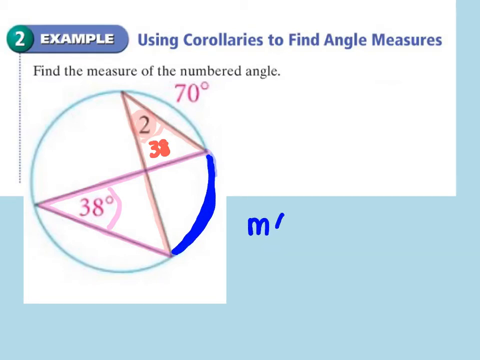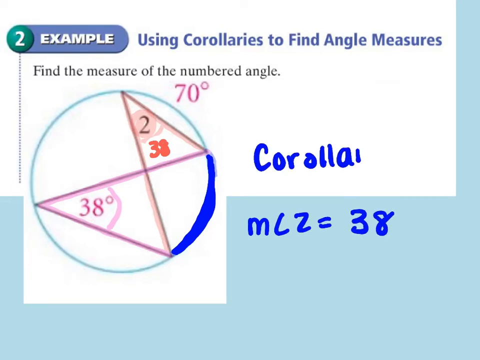So we could say that the measure of angle 2 equals 38 without doing any work, and that's all based on corollary number 1.